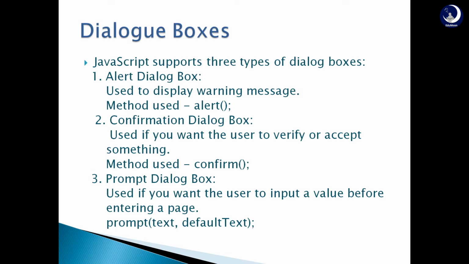A prompt dialog box consists of two parameters. The first parameter specifies what is to be displayed above the text box, and inside the text box, the default text is specified by the default text parameter. Let us see examples, one for each of the dialog boxes.